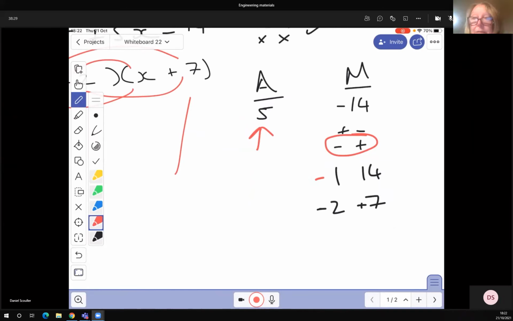Because it all depends on this a value. So I use the sign required so we get to that a value. So if that a value was -5, then those signs would be the other way around. It would be +2 and -7. That still gives you -14, so it depends what's in this a. Depends where your signs are going to go. Okay, thank you. So that makes sense.